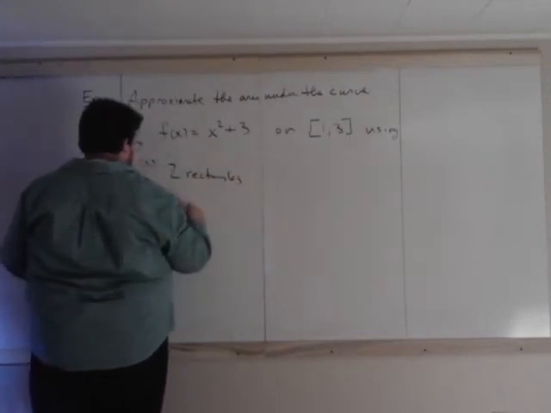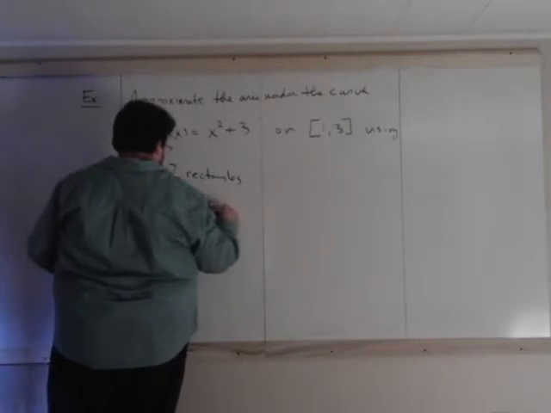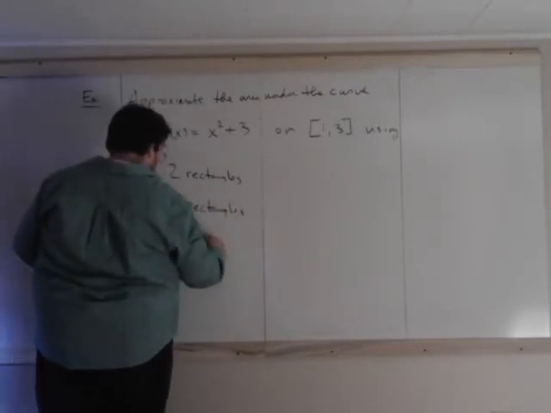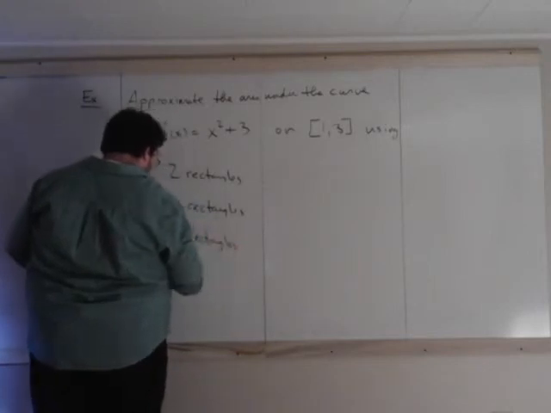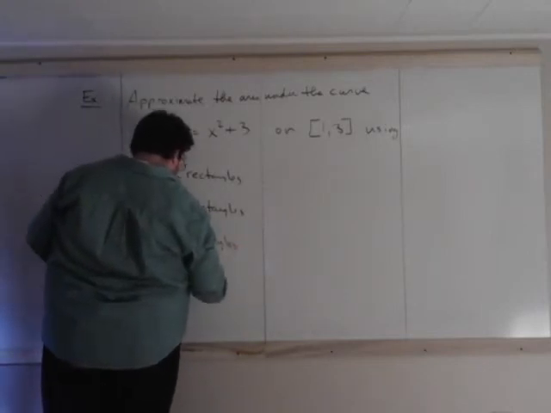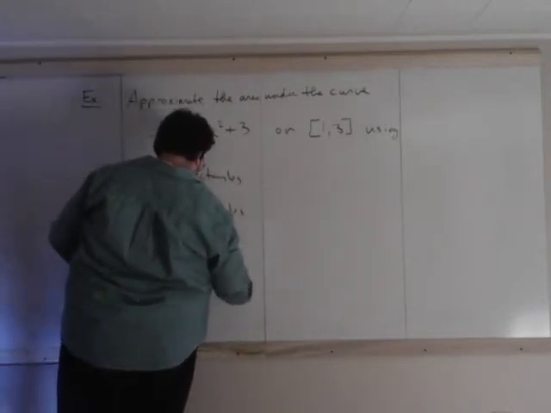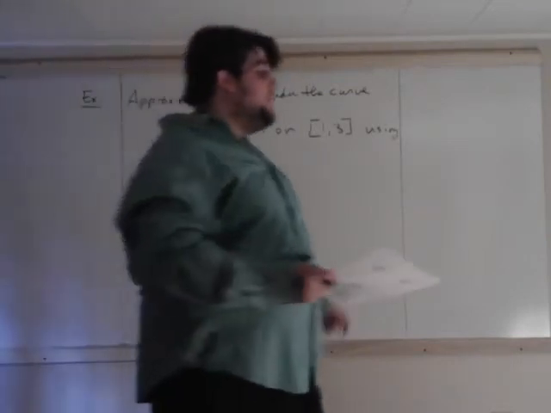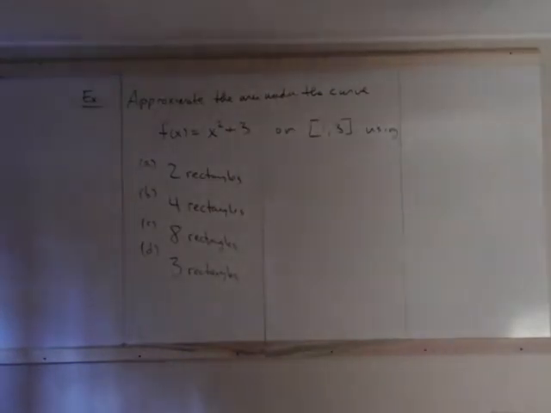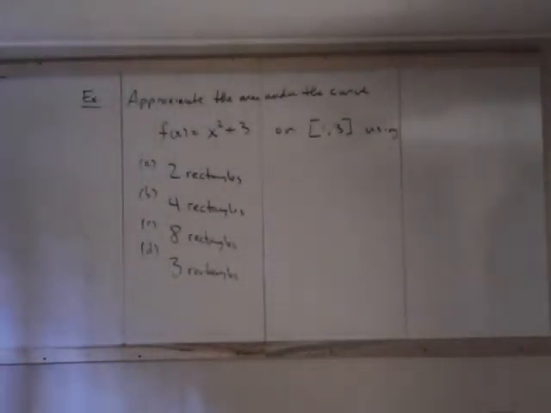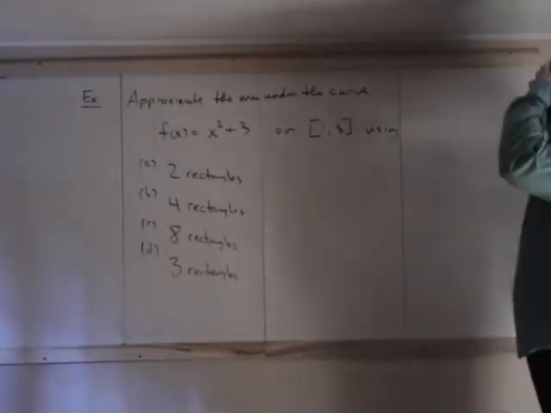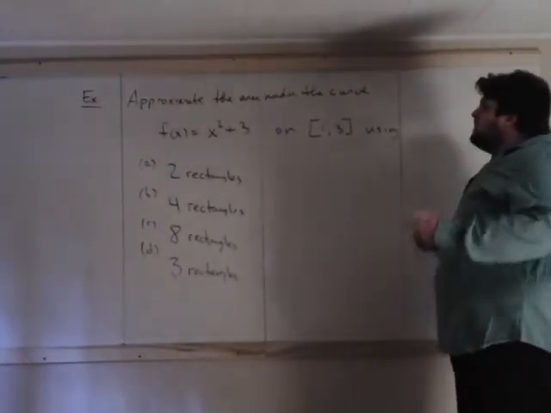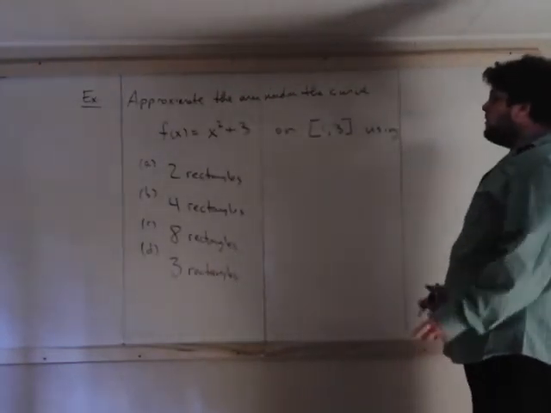Second using 4 rectangles. Third we'll use 8 rectangles, and finally we'll use 3 rectangles. Now, when I say approximate the area under the curve, you could use either right or left endpoints.